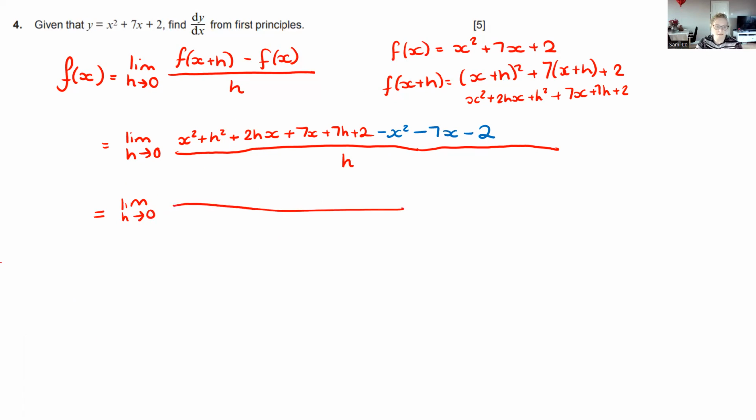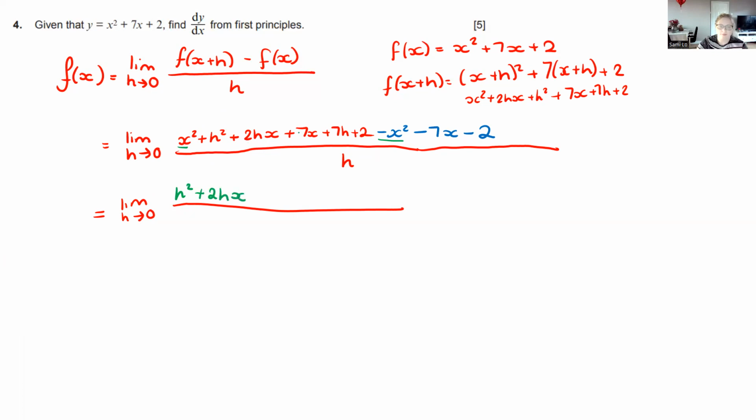It's not so big this time. Okay, so where they cancel out, I'm no longer going to need them. So that x squared by here is cancelling out with that x squared by there. So it's just left me with h squared. 2hx, nothing's happened with that one.